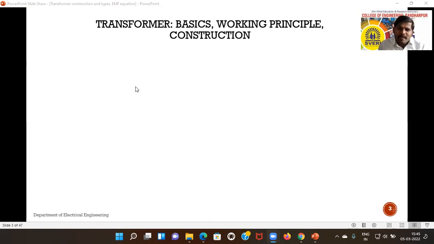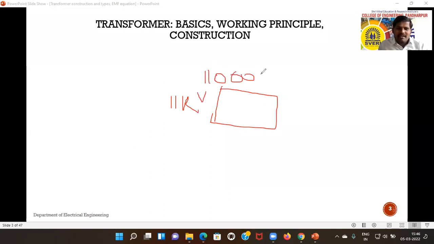Now see, suppose in case of a step-up transformer, the voltage at the primary side, suppose it is 11 kV, that means 11,000 volt. And there is a step-down transformer, it will step down to 440 volt.